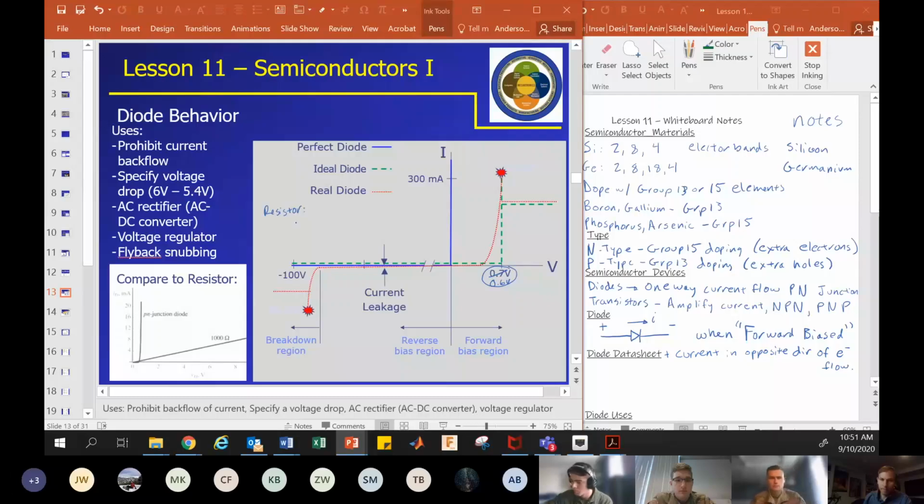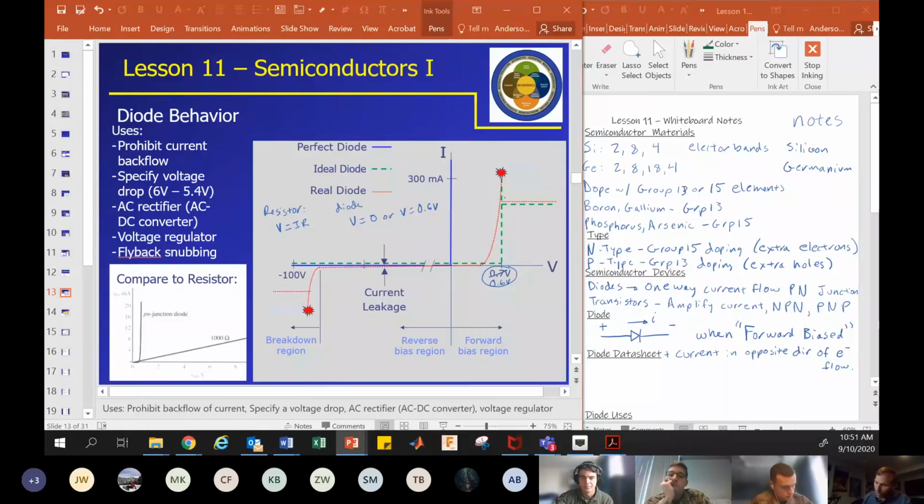Yeah, V equals IR for a resistor, right? For a diode, V equals 0 or V equals 0.6. That's it. And it depends on if we're forward biased or not.